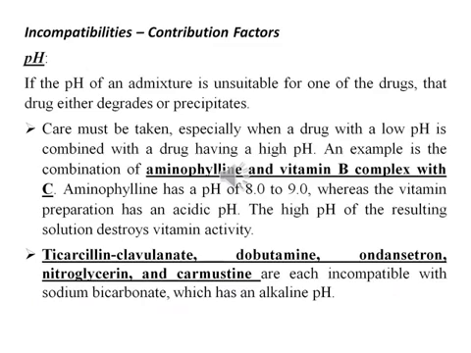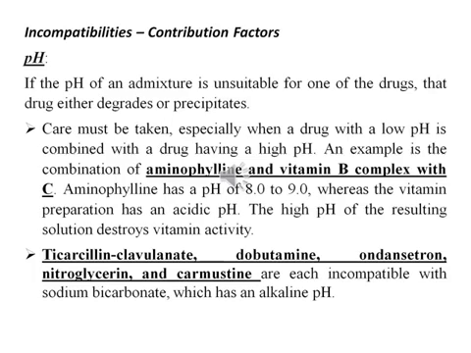Contributing factors in incompatibility. pH. If the pH of an admixture is unsuitable for one of the drugs, that drug will either degrade or precipitate. Care must be taken especially when a drug with a low pH is combined with a drug having a high pH.